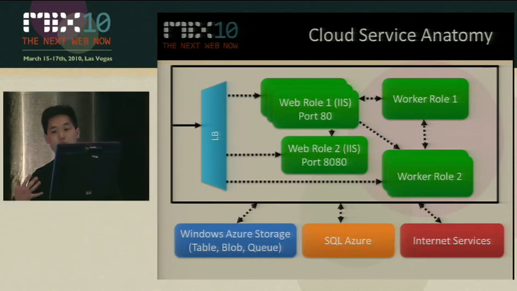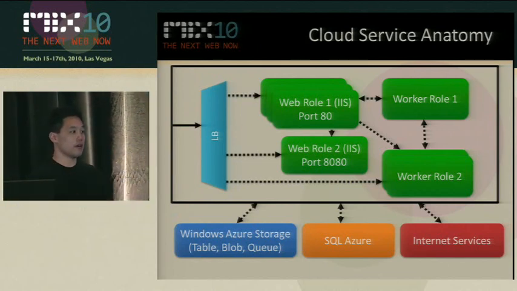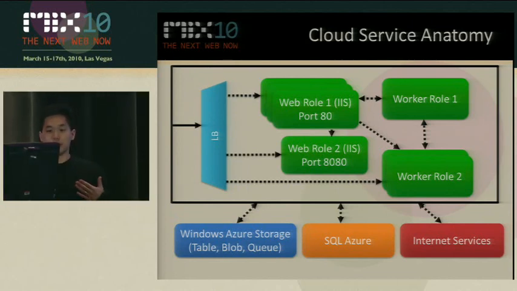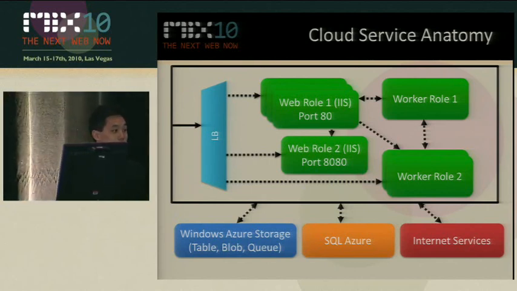So you have to make sure that your app is stateless in this world where you're running your app in multiple VMs. And by stateless, I mean the data that your instances use is accessible from all of the instances in your whole cloud service, be it web and worker role instances.